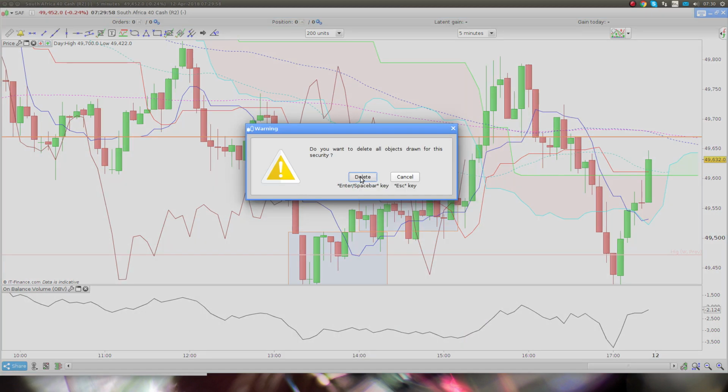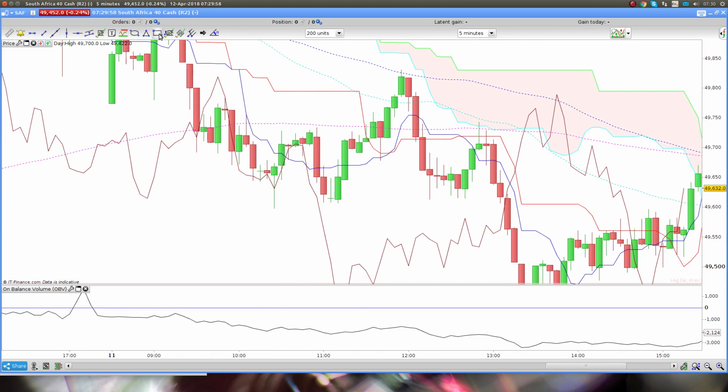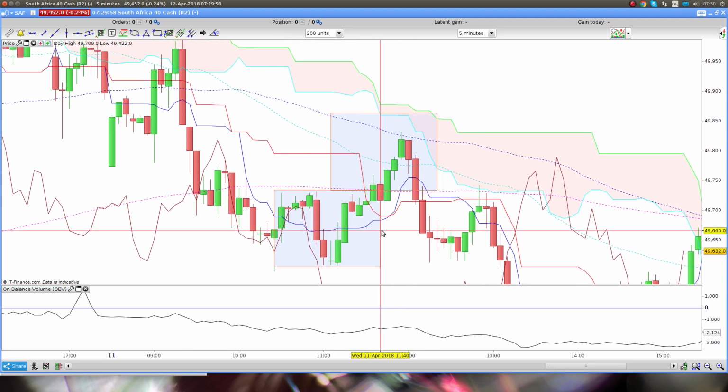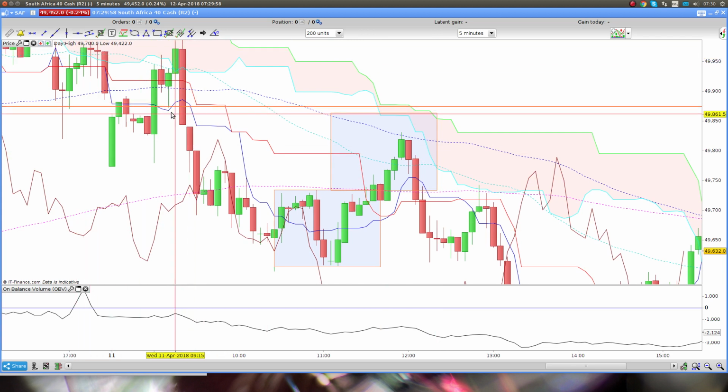Okay, so let's look for another one. Here is another one. You can see price is behaving in this area, but look what happens here. We don't hit that target. Now look to the left. What would be the most logical target there?